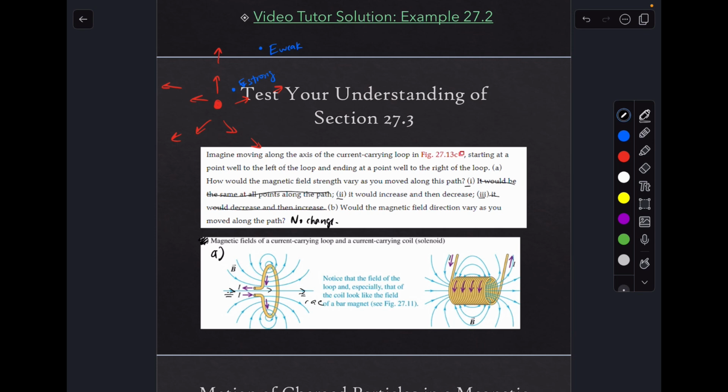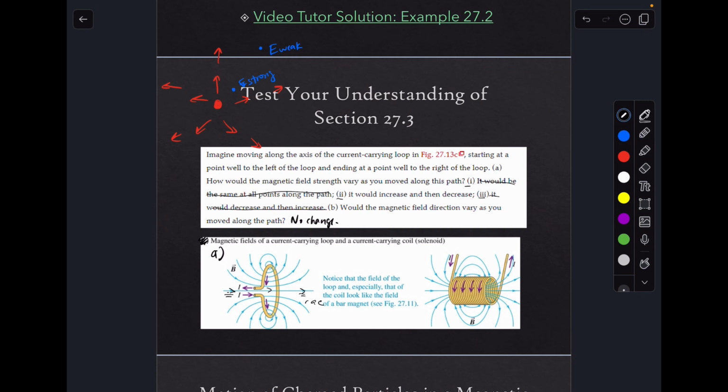Be constant, okay? So this is just basically understanding magnetic field lines, understanding how the spacing relates to strength, understanding how the distance you are from the source of the field relates to strength, and understanding these arrows and how they give you the direction of the field.